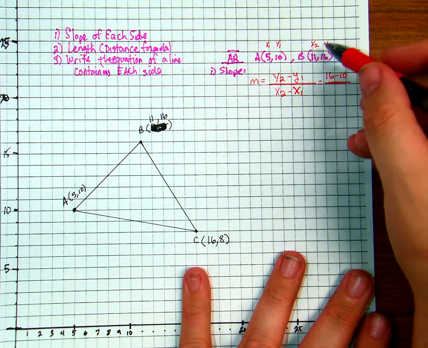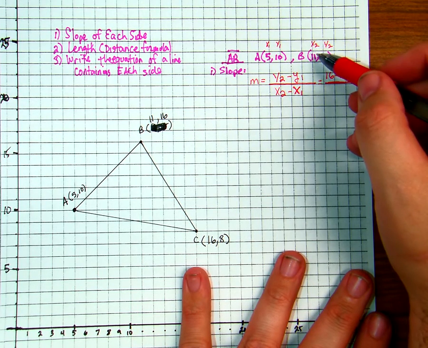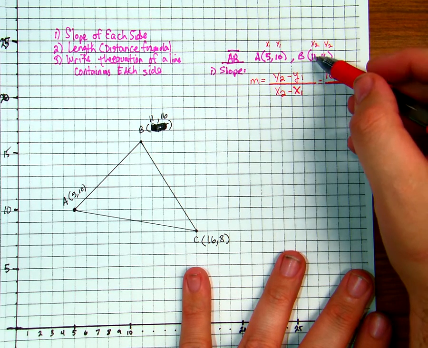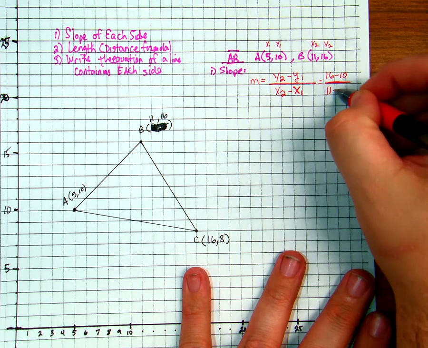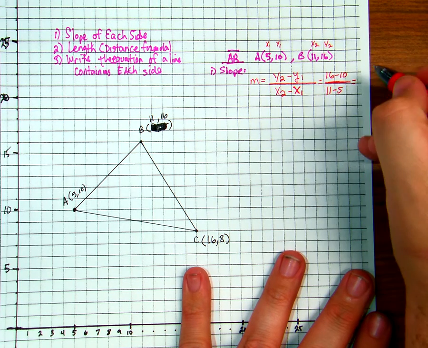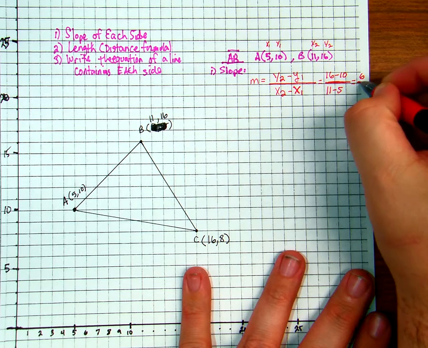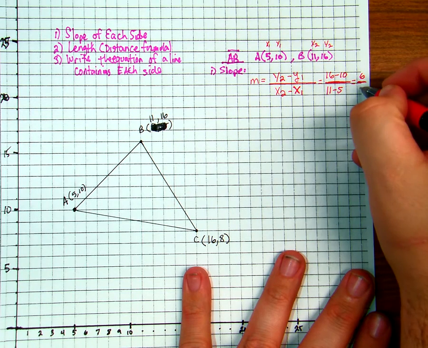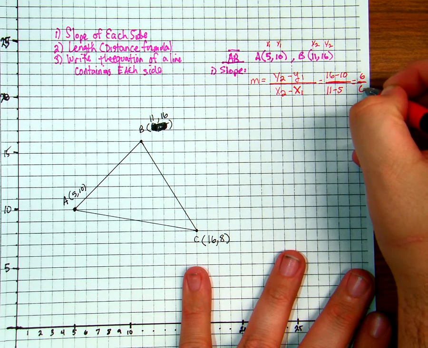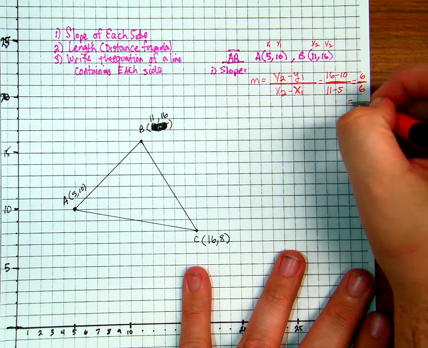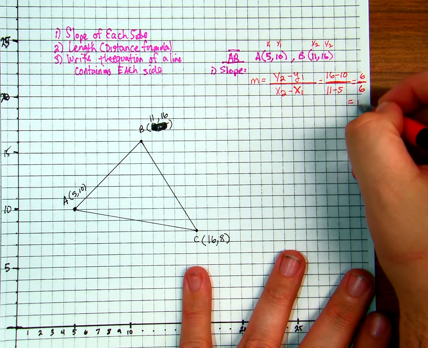And then I'm going to take 11 minus 5. What's 16 minus 10? 6. What's 11 minus 5? 6. So what's 6 divided by 6? 1. Just so happens in this case I got a slope of 1.